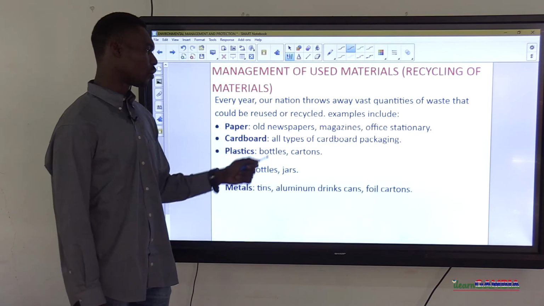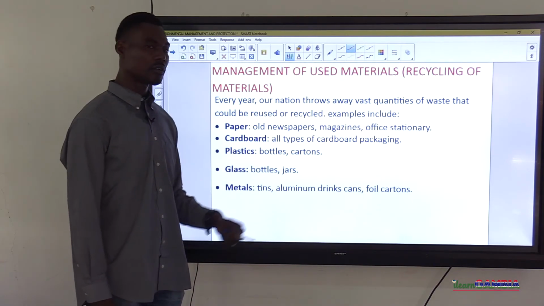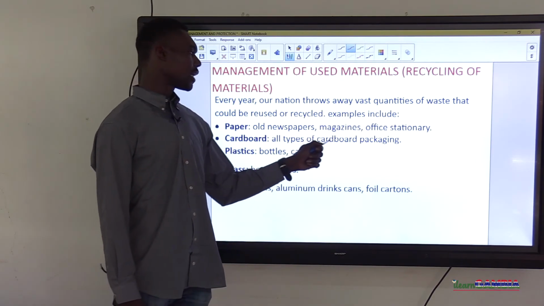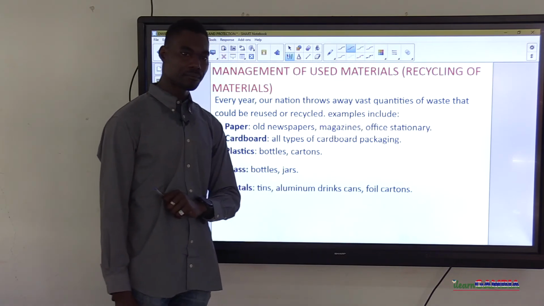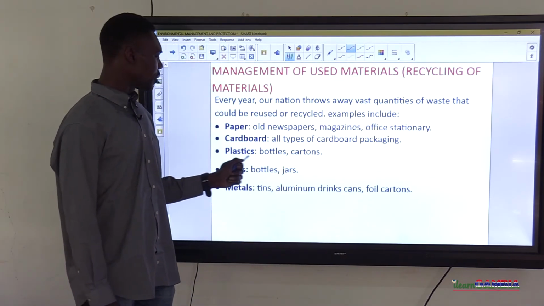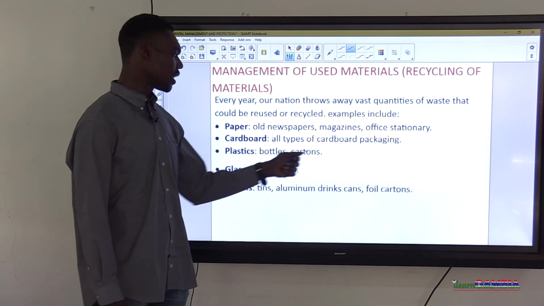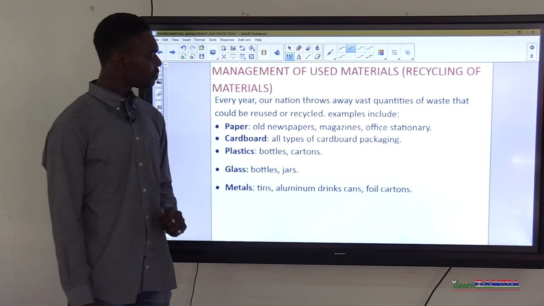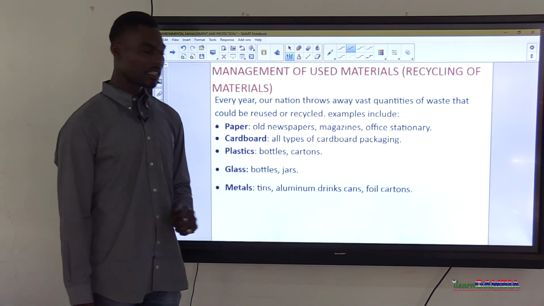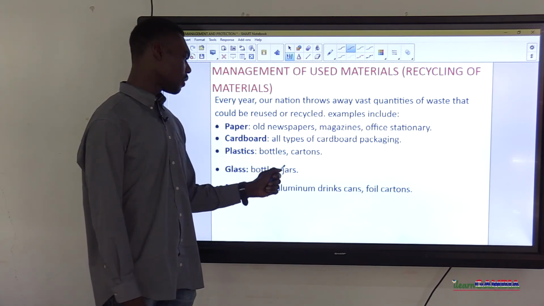Point 2, cardboard. All types of cardboard packaging. Point 3, plastics, in the form of bottles and cartons. Glass in the form of bottles or jars.